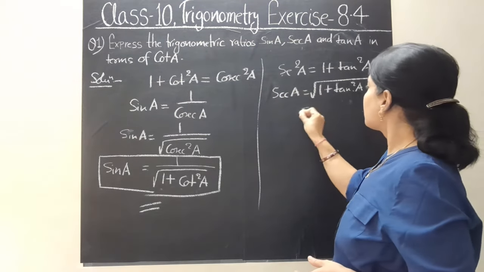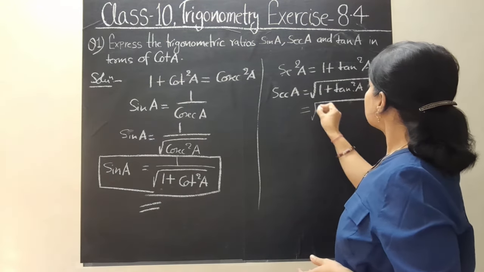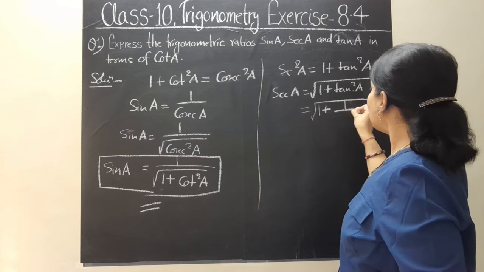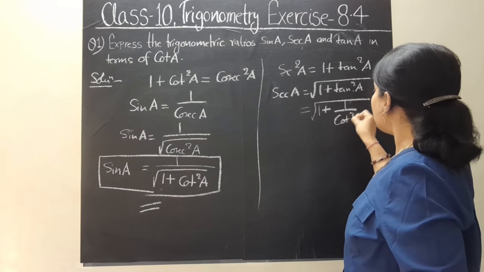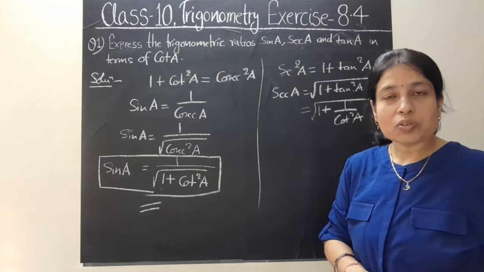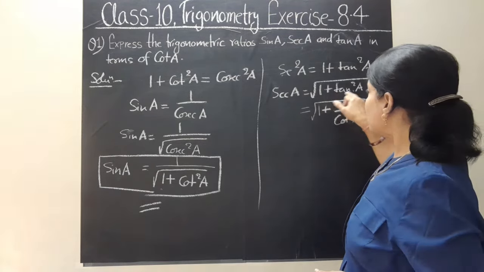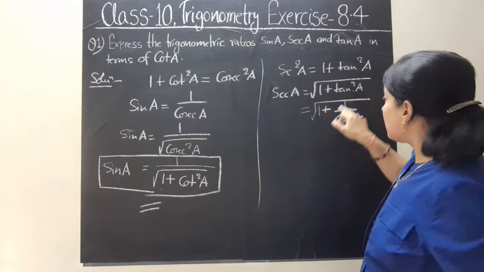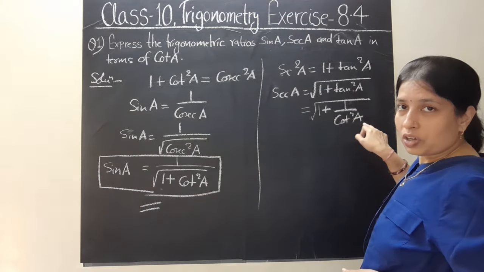Yes, tan A is equal to 1 by cot A. So in place of tan square A, you can write 1 by cot square A, giving 1 plus 1 by cot square A.